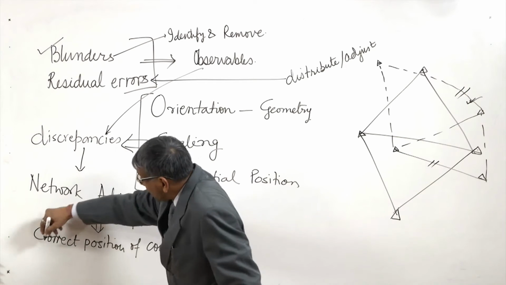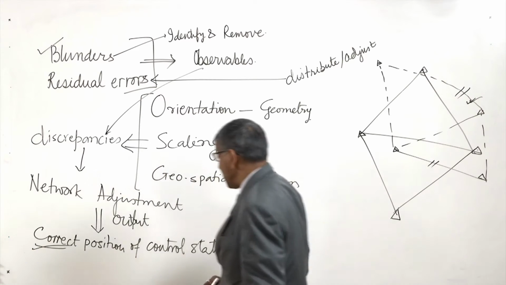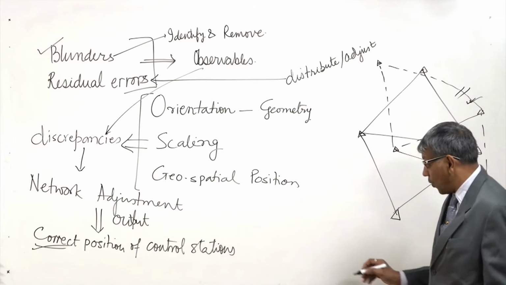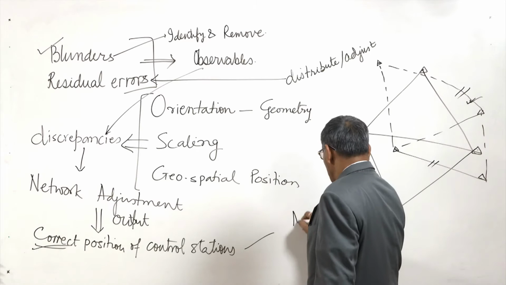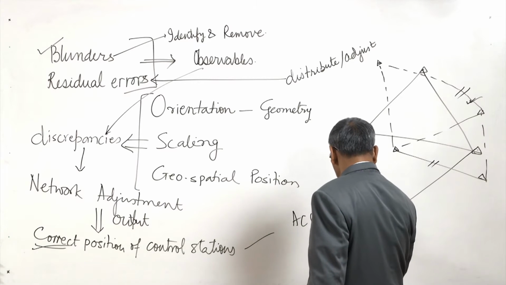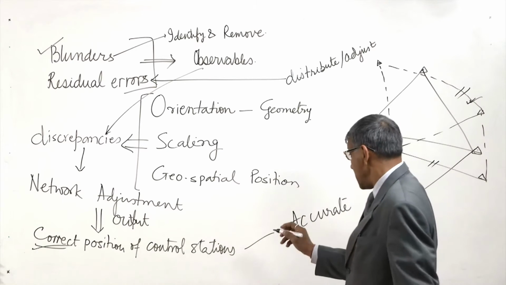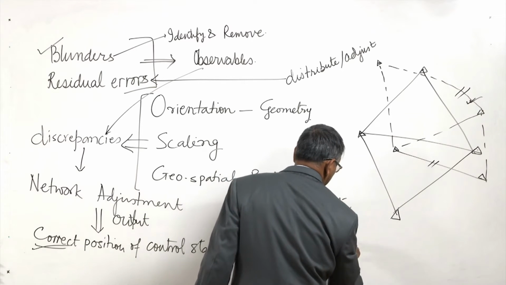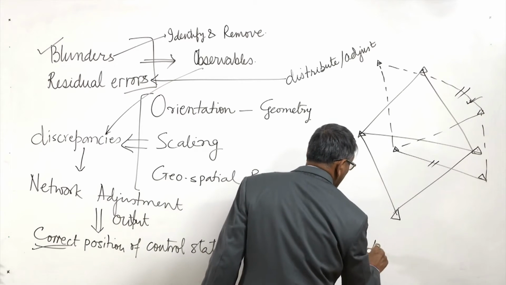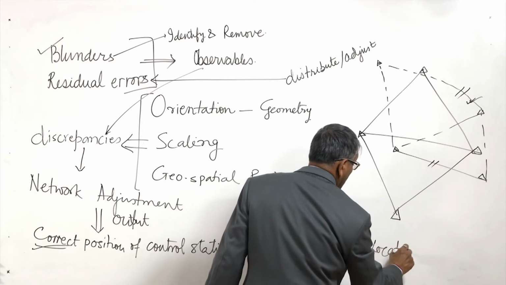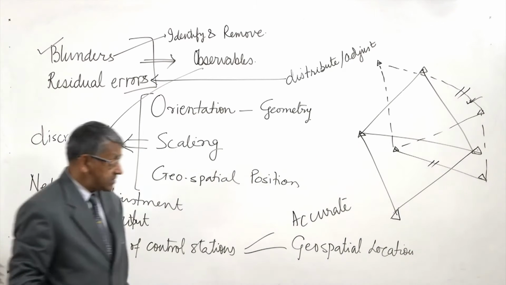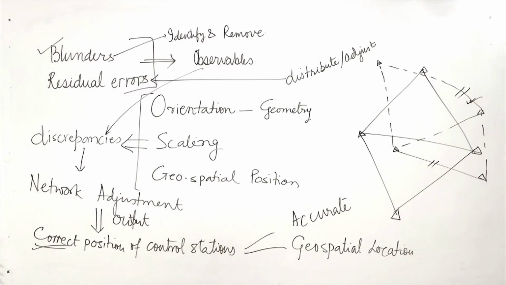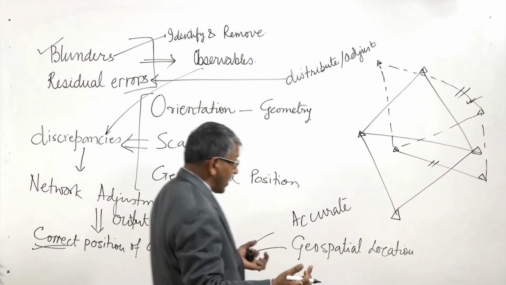Now by the word correct we have 2 points to be noted. One is that the locations are accurate, and the other is that the geospatial location is as desired, or in the desired place.